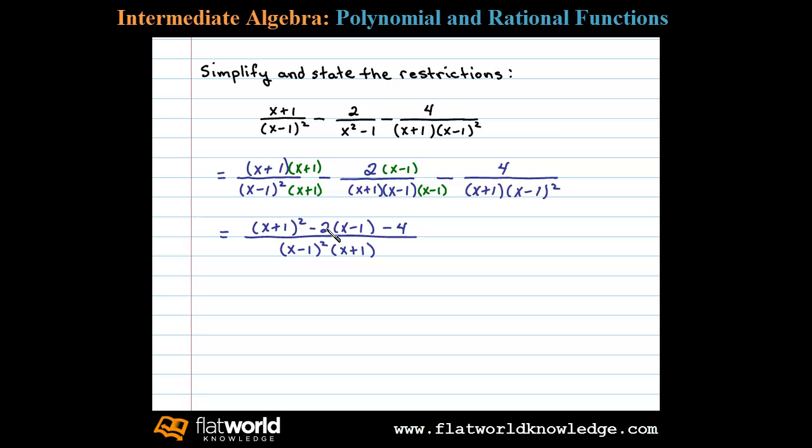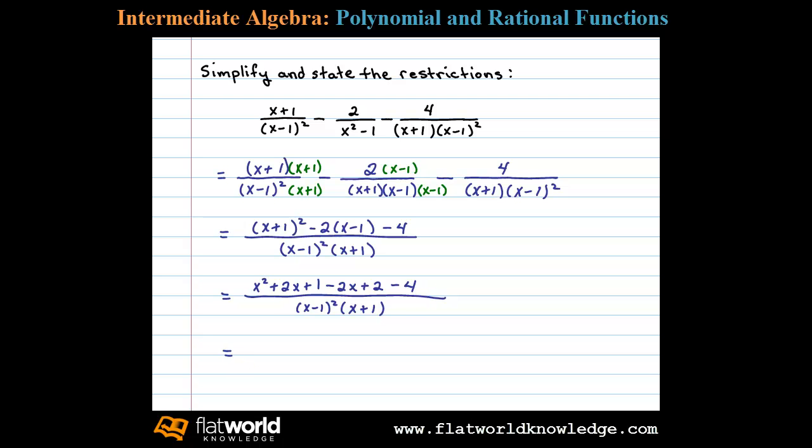Now at this point we're left to simplify the numerator. In this case we have x plus 1 squared. When we multiply that, we get x squared plus 2x plus 1. Distributing this negative 2 leaves us with minus 2x plus 2, and then minus 4.